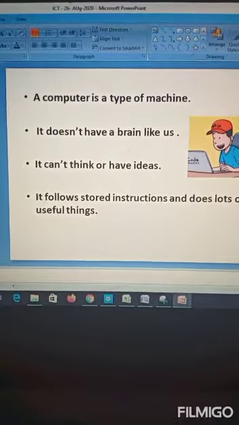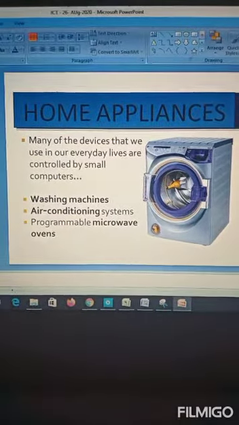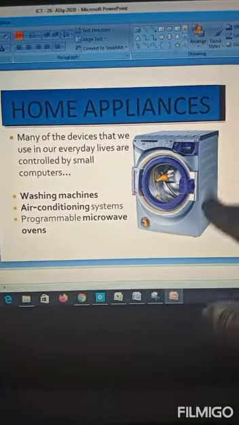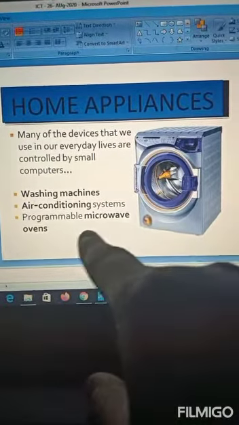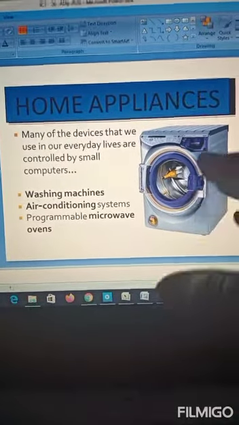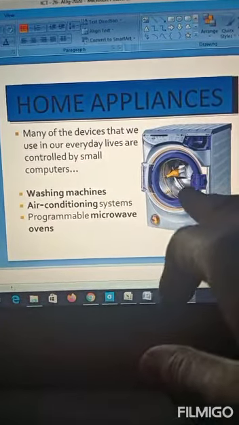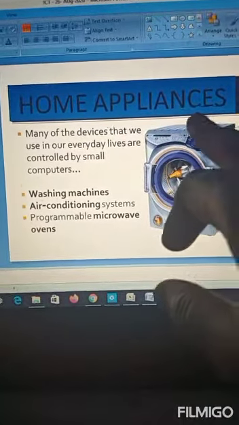So let's start with this: home appliances. Many of the devices which we use at home, like washing machines, air conditioners, microwave ovens, your smart televisions, these all are controlled by computers. What do you do?